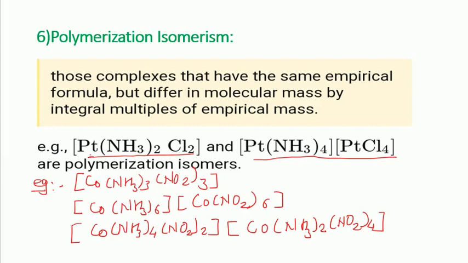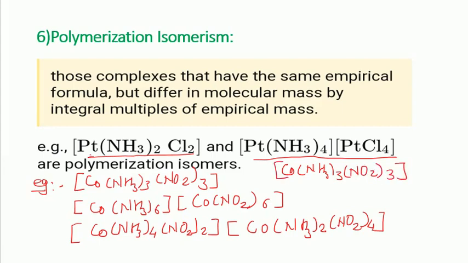If you write the isomers, the empirical formula is the same, because it is cobalt NH3 thrice and NO2 thrice. This is the empirical formula.